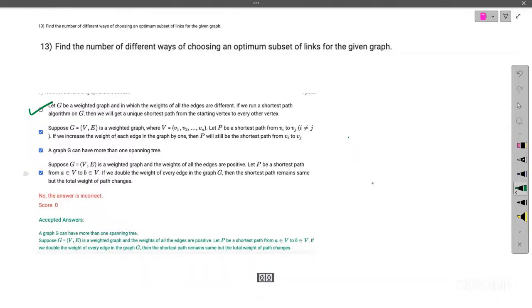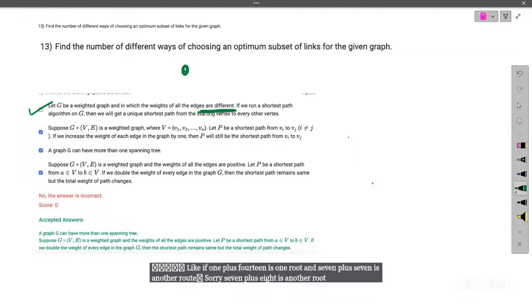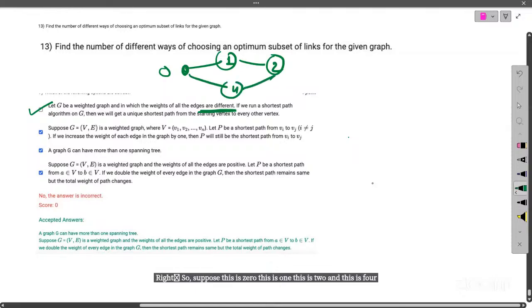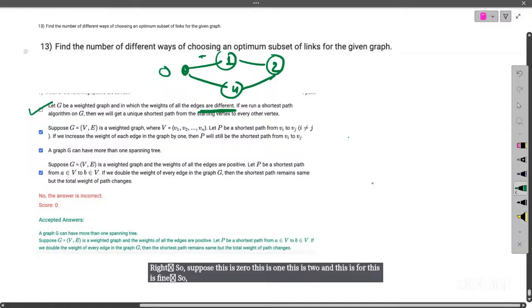Even if the weights are different, if 1 plus 14 is one route and 7 plus 8 is another route, suppose this is 0, this is 1, this is 2, and this is 4, this is 5. So we can have 5 plus 5 or 6 plus 4, something like this.